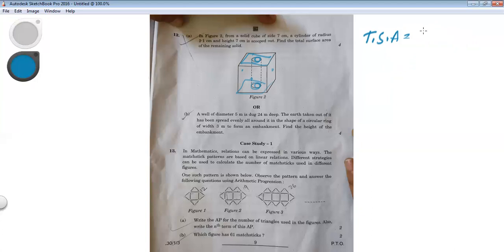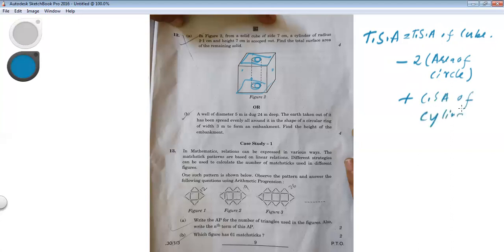So total surface area is nothing but TSA of cube minus 2 times area of circle plus curved surface area of cylinder.